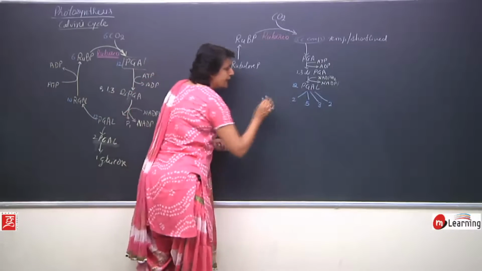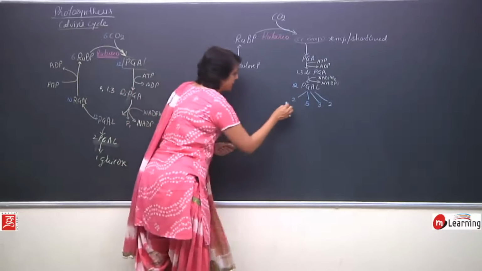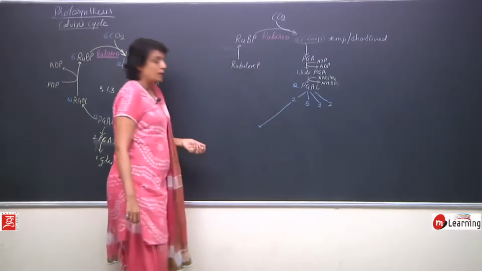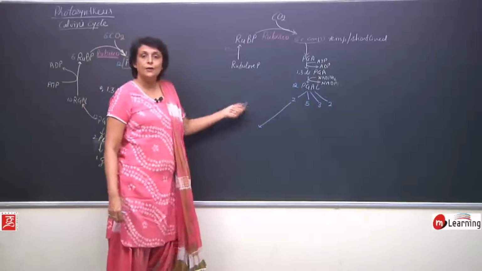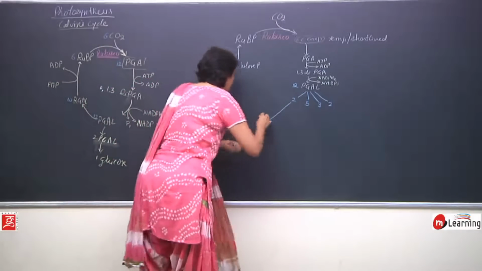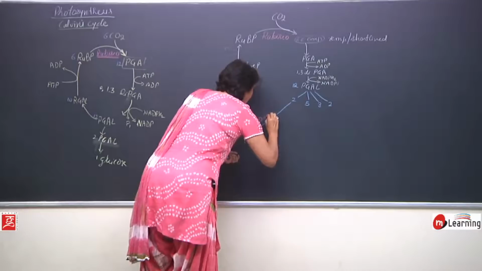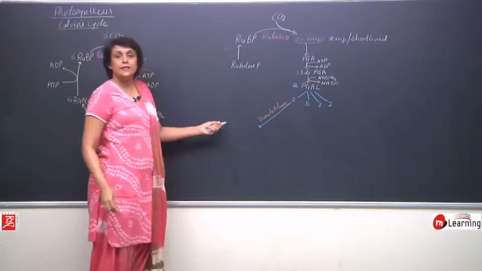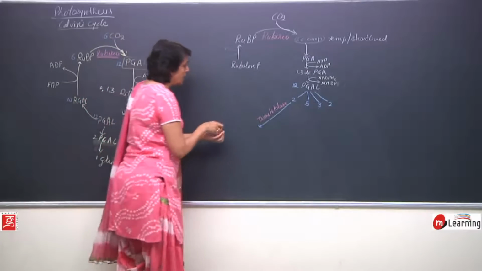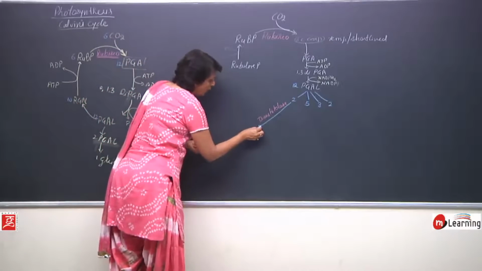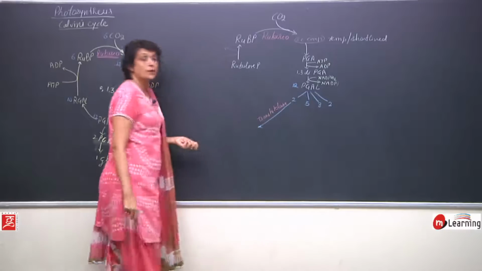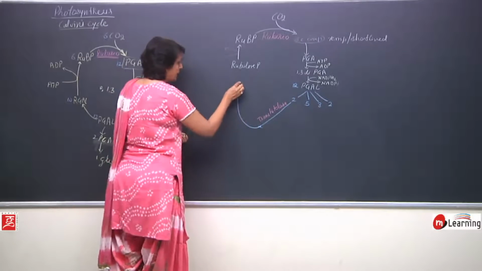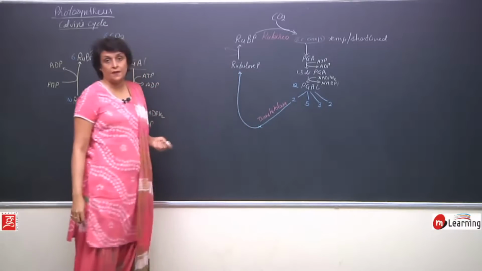These 2 aldehyde molecules, that is phosphoglyceraldehyde molecules, undergo a change from aldehyde to ketone. The enzyme which helps is transketolase, and this transketolase would help in conversion of these 2 phosphoglyceraldehyde molecules into rubulose phosphate.